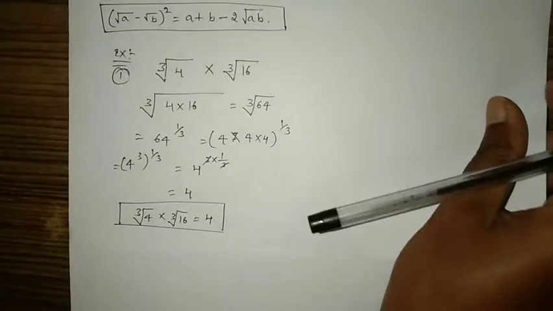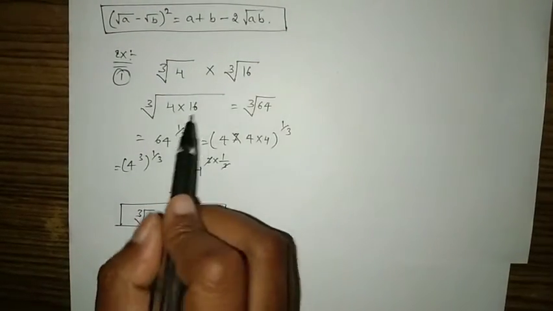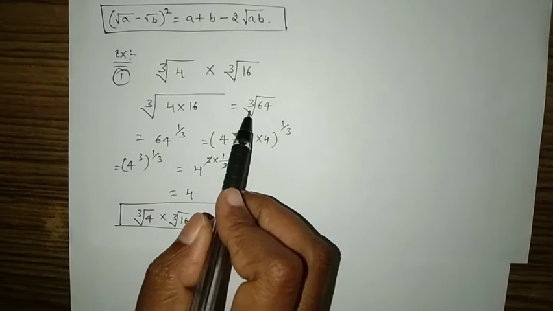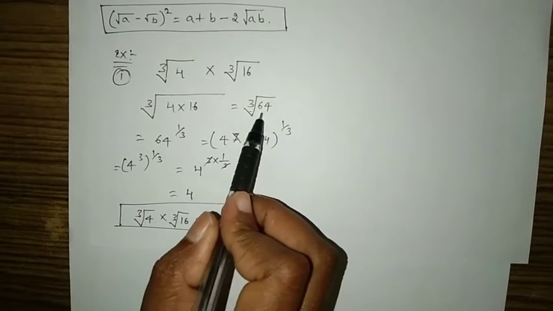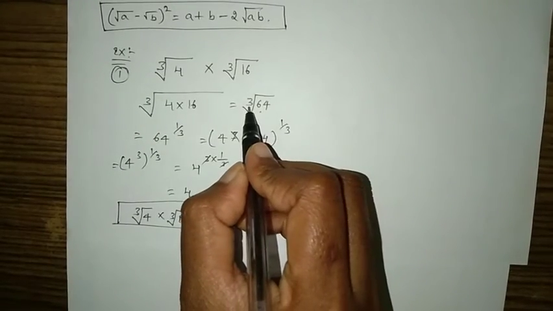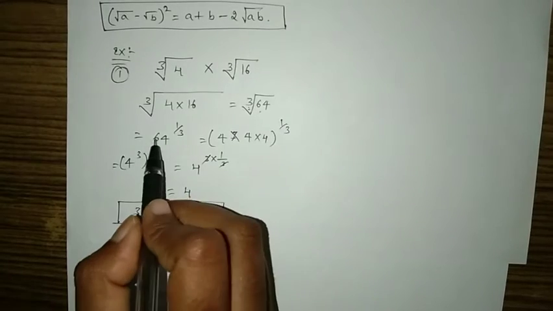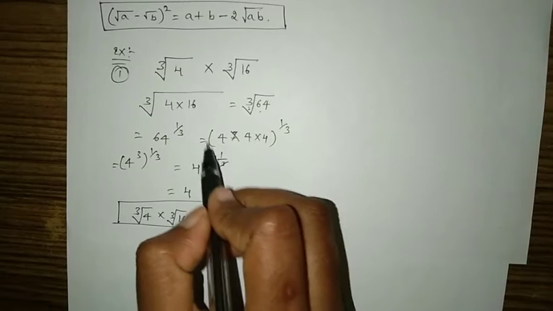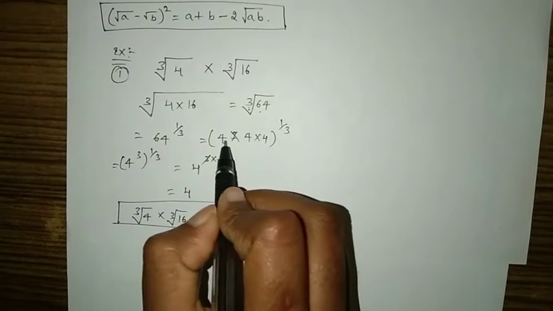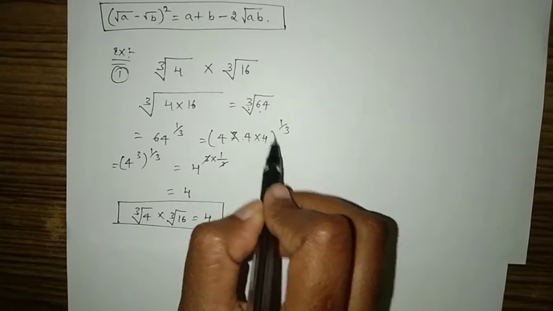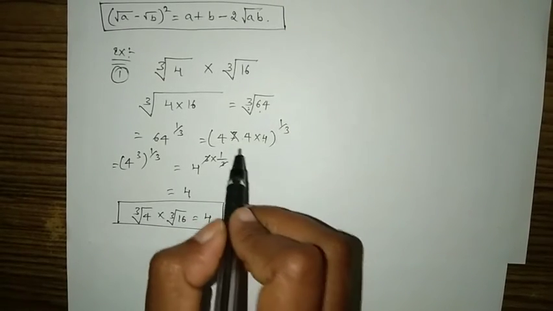I think we should see here. I think you understood till this step. The cube root here we have to take as power, so 64 to the power 1 by 3 we can write. Then 64 can be written as 4 into 4 into 4 and whole power 1 by 3.